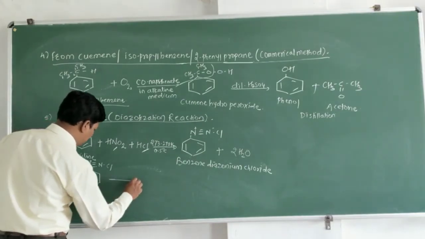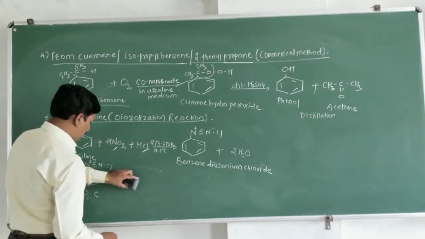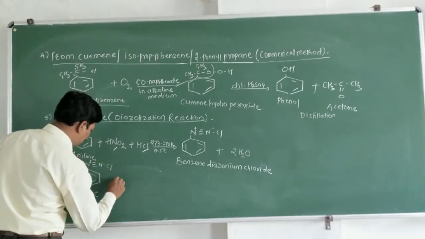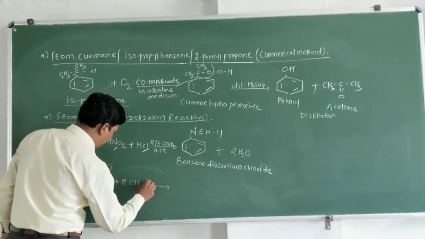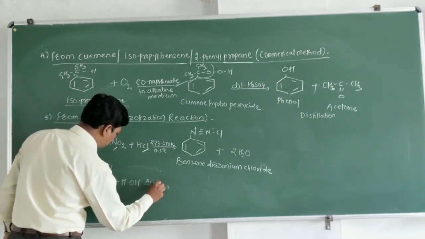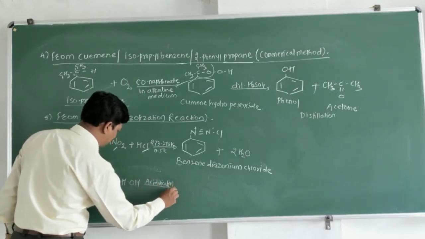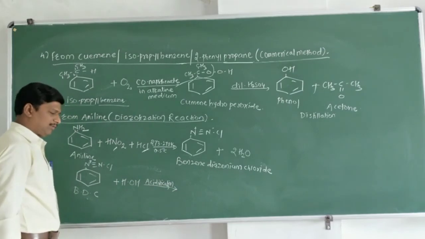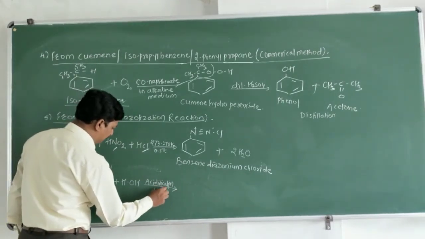Now this benzene diazonium chloride on acidification reacts with the H2O water molecule. Acidification means acid hydrolysis takes place here, a reaction with water but in the presence of acid.